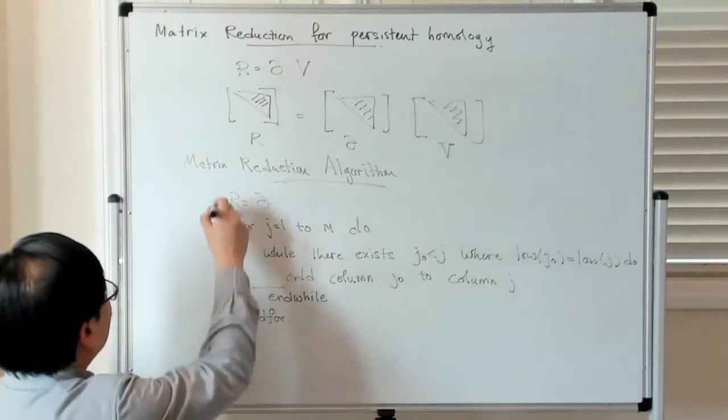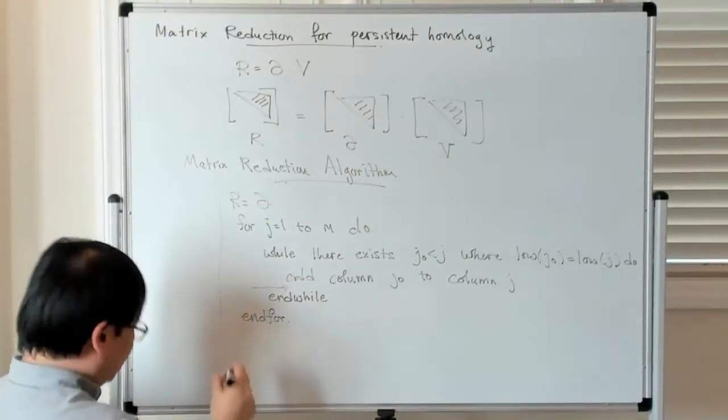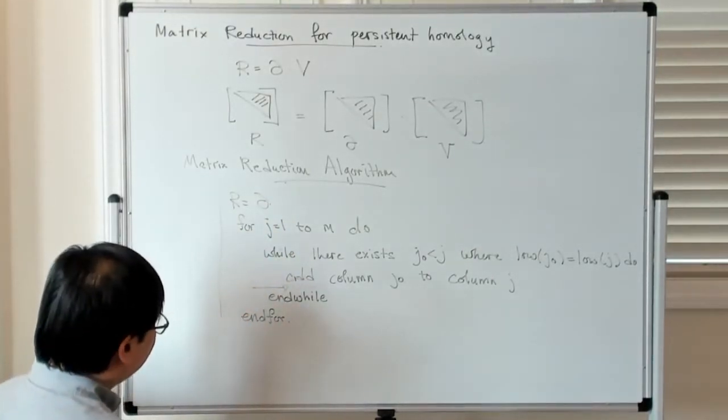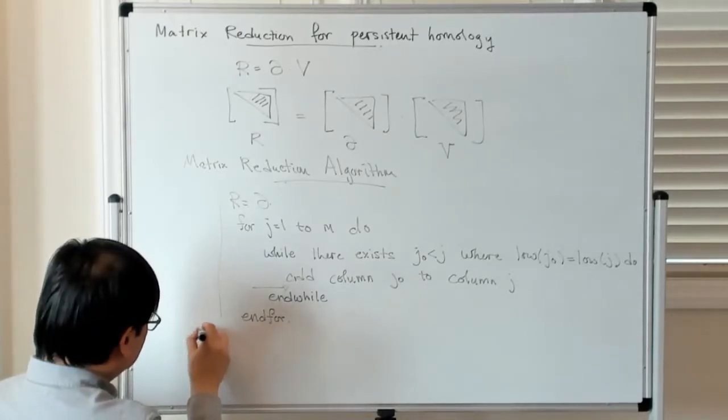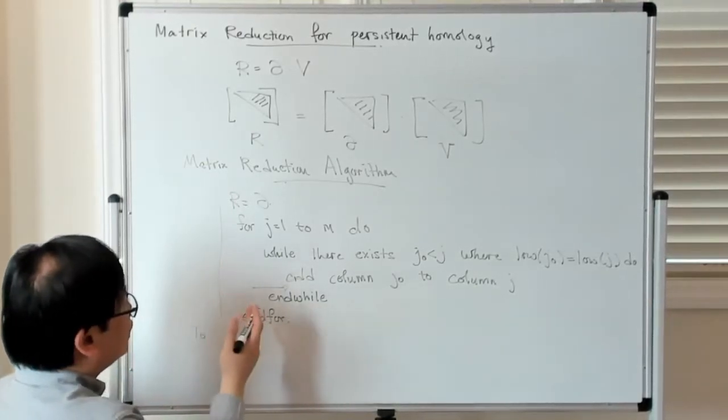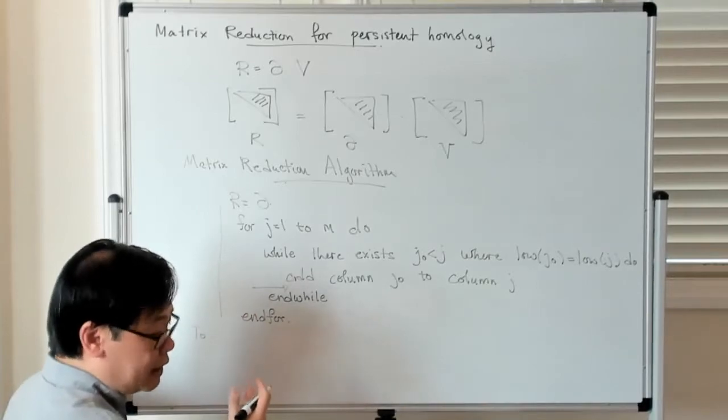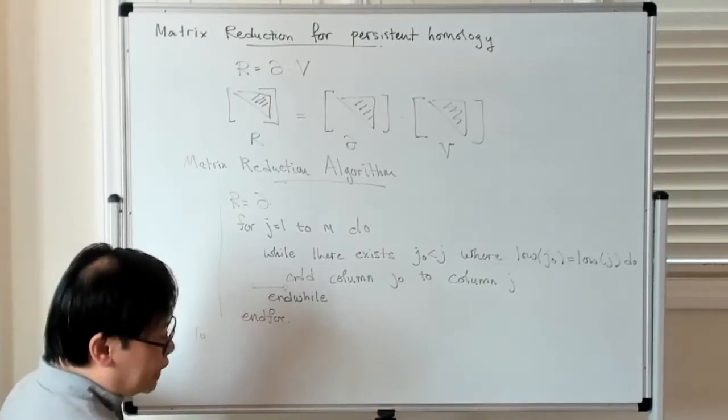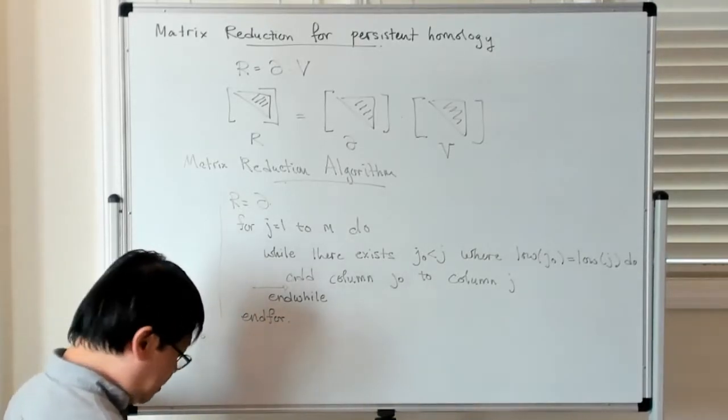So in any case, once you have this algorithm, there are some observations you can make. Once you get this into reduced form, the claim is that you can then extract information about the persistent homology.